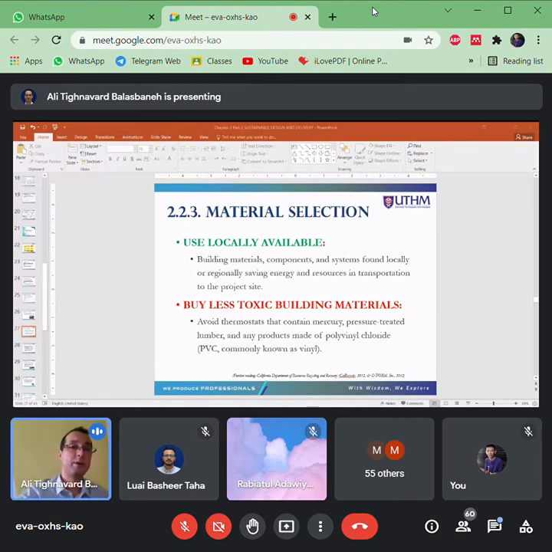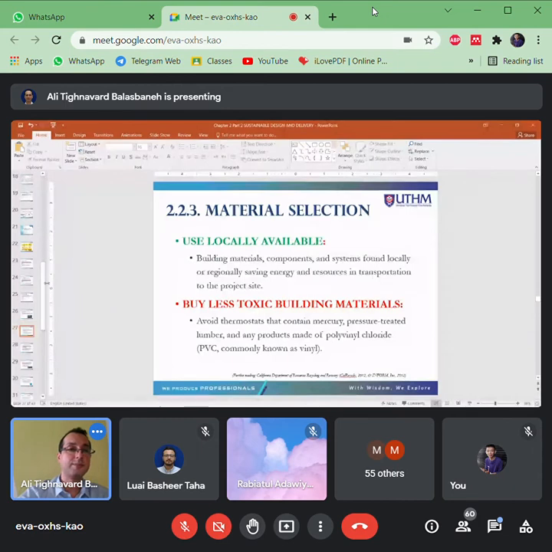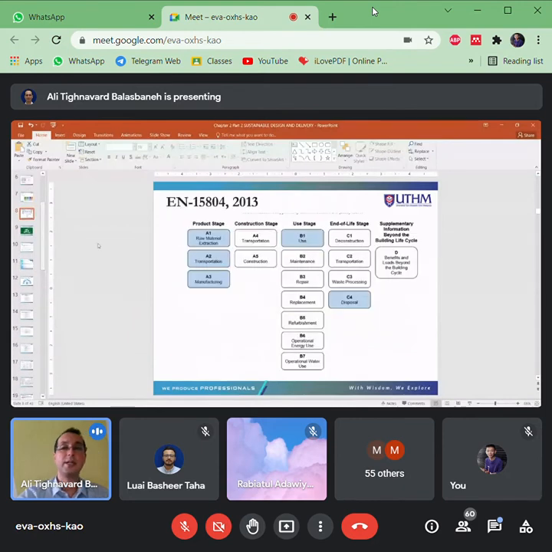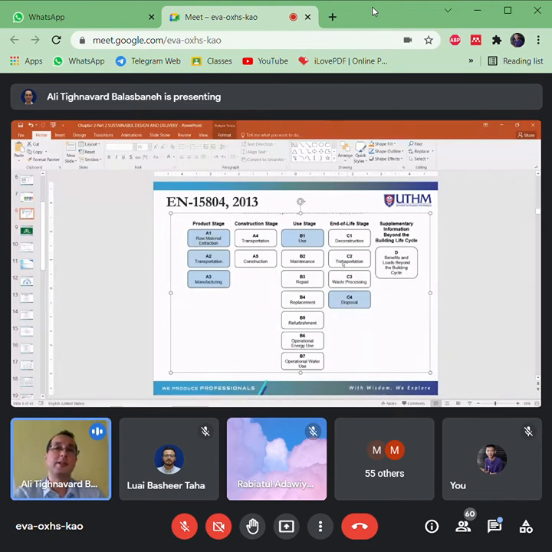I'm talking about, take a look here. If you consider all A1 to C4, regardless of D, okay, it's not compulsory. Just A1, A3, A5, B7, C6. So you might use wood, which is very environmentally friendly.